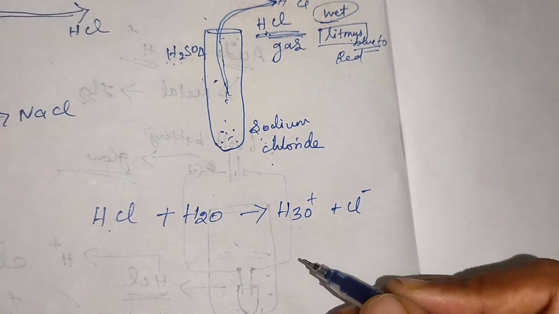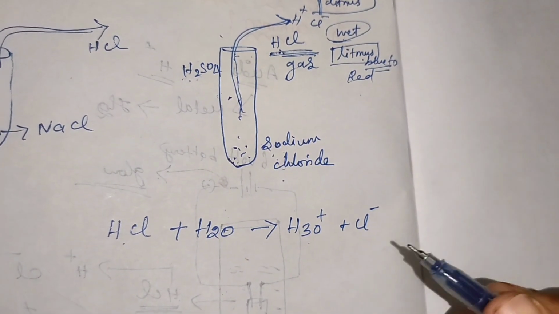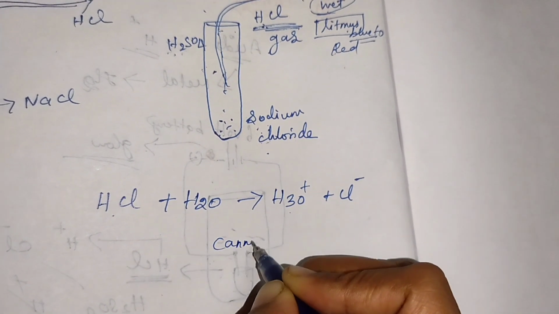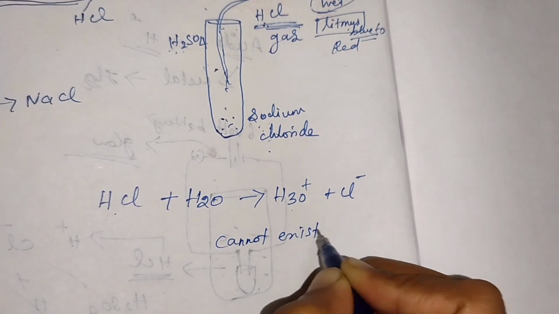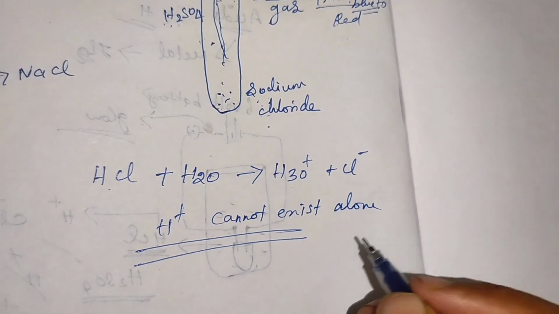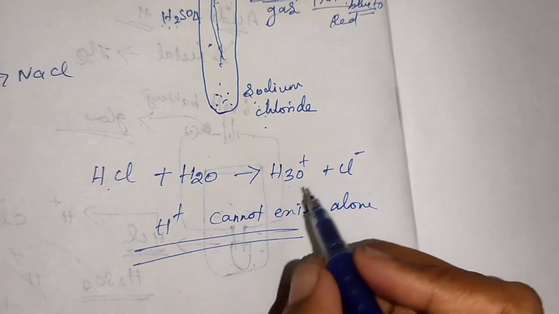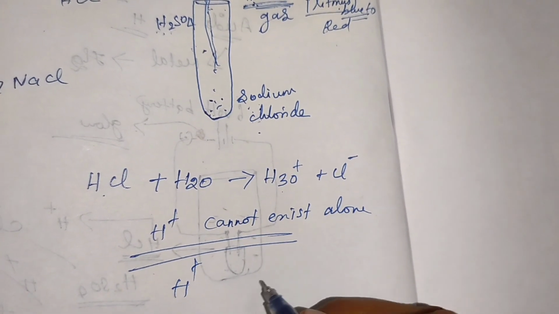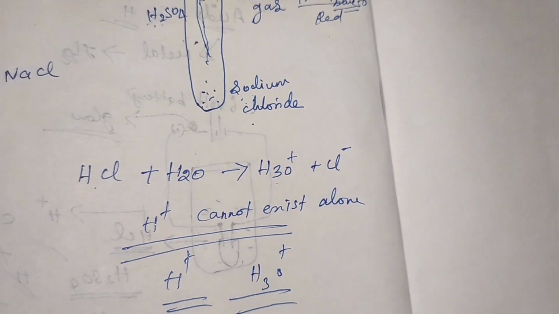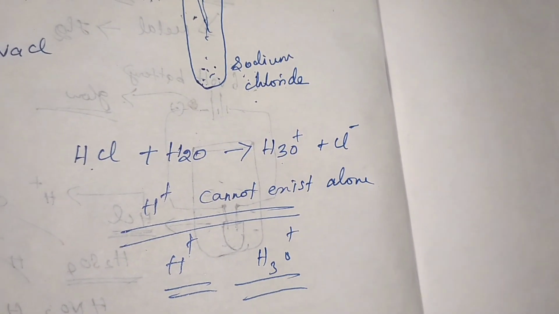It gives them in the presence of water only. In the absence of water, H plus ions cannot exist alone. So in the presence of water only, it produces H plus or H3O plus, hydrogen ions or hydronium ions.